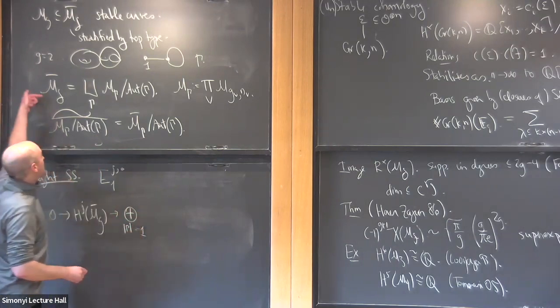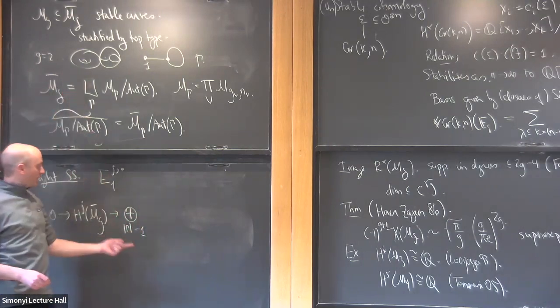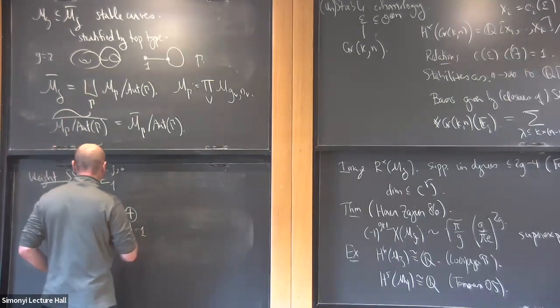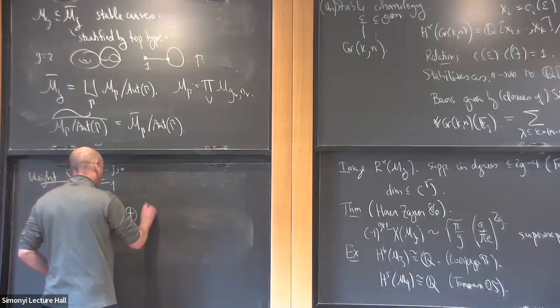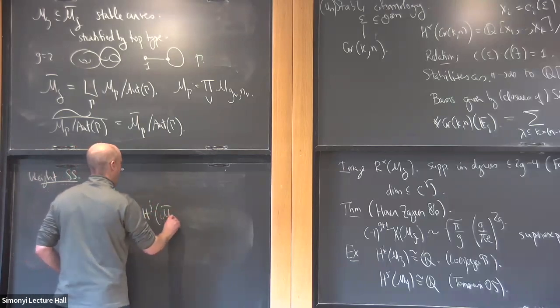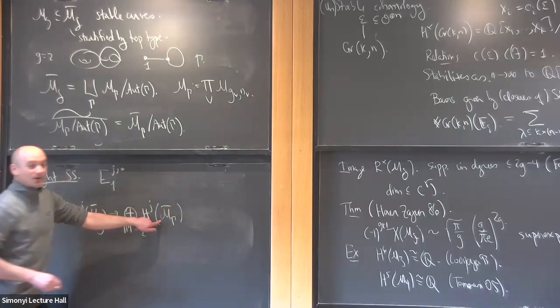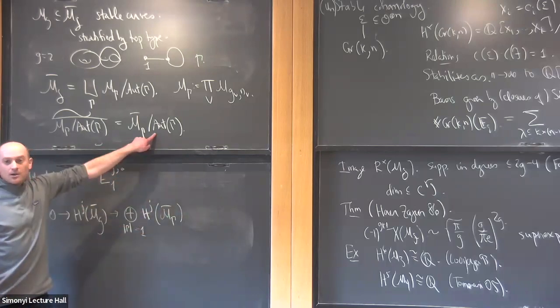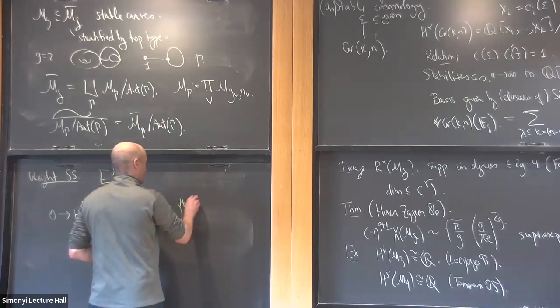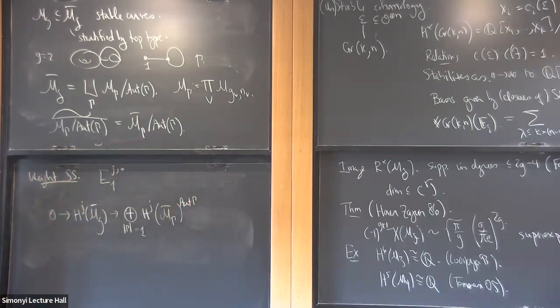Well, the codimension of a stratum is the number of nodes, which is the number of edges in the dual graph. So we take the direct sum over one-edge stable graphs of H^j of M bar gamma. Okay, but not quite. We want M bar gamma modulo Aut(gamma). So we should take the invariant subspace for the action of Aut(gamma).